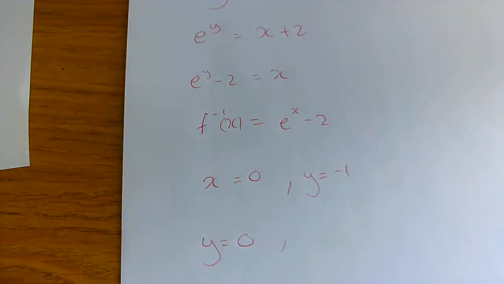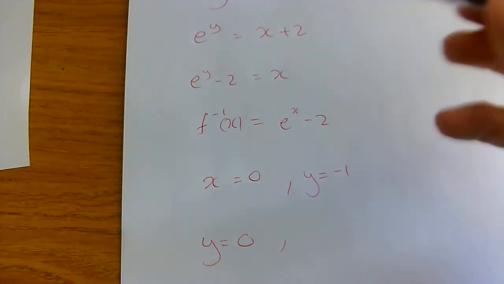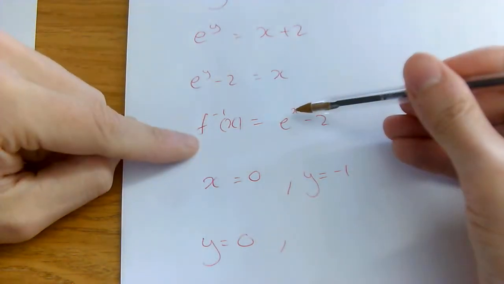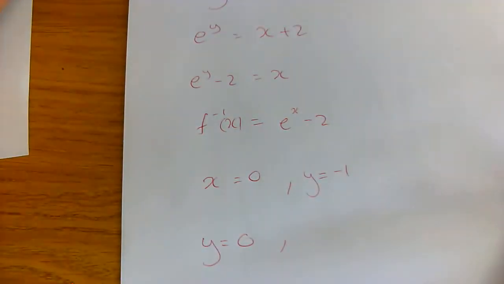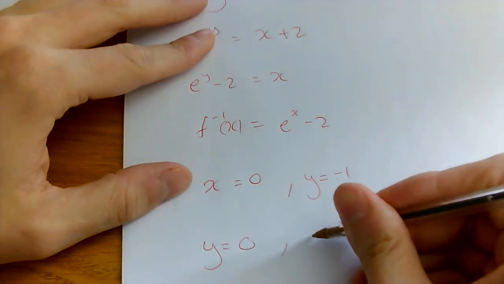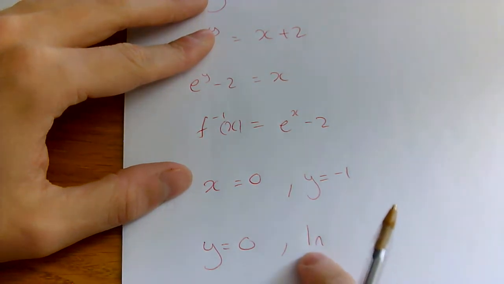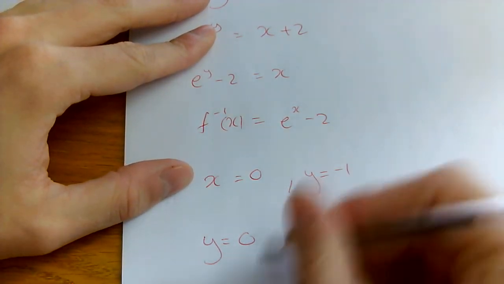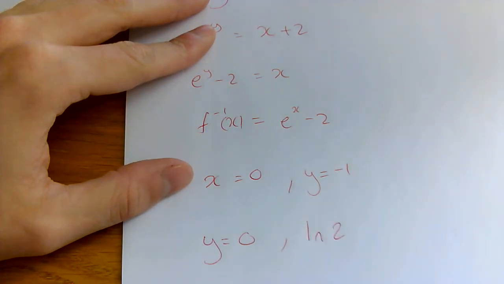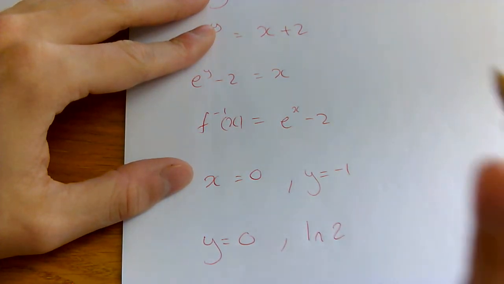So, well, here's where you can use logs very effectively. You could go on the GDC and work out what power of e is equal to 2. But the whole point of logs is that you can write that like this. What power of e, that's natural log, gives you 2, well, is this. That's what natural log of 2 means.